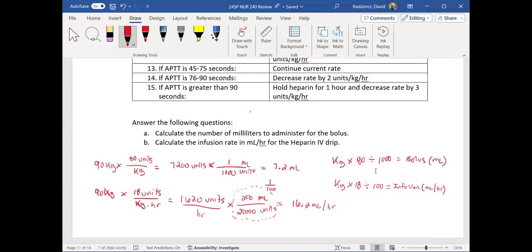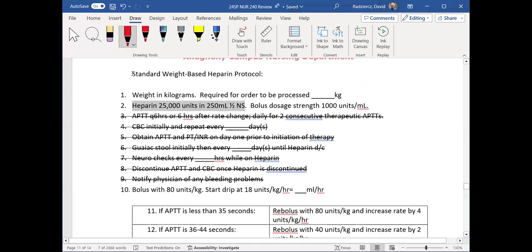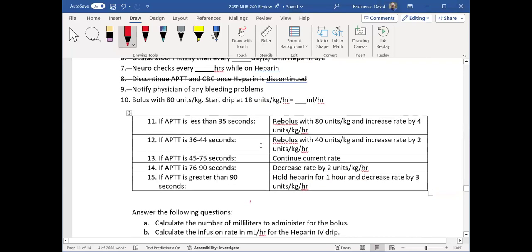So if there was something different, would the 1,000 and the 100 be different, basically? But the kg times 80 and the kg times 18 would be the same, right? And the 1,000 and 100, if it's following the standard weight-based heparin protocol, if you do a Google search for standard weight-based heparin protocol, you're going to see everything that's listed here.